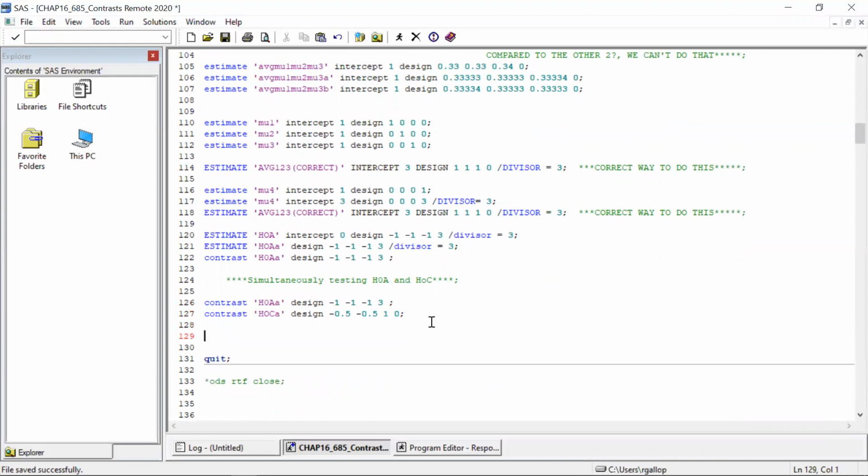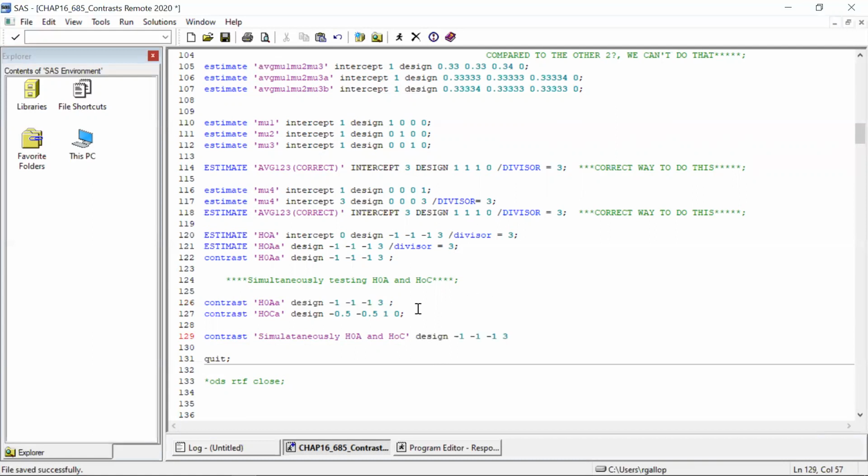So now for us to do the contrast statement for both, my apologies for horrible typing, simultaneously H0A and H0C. To do this, get the first contrast, copy that.